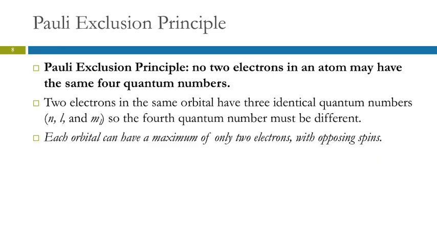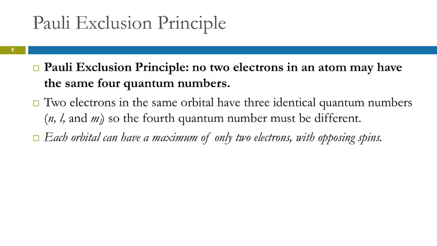Pauli exclusion principle tells us that no two electrons can have the same 4 quantum numbers. So the 4 quantum numbers function a lot like your Social Security number, right? No two people can have the same Social Security number, at least in theory, unless it would have been a mistake if that happened.